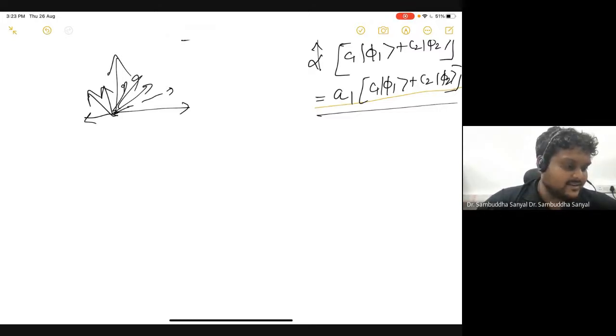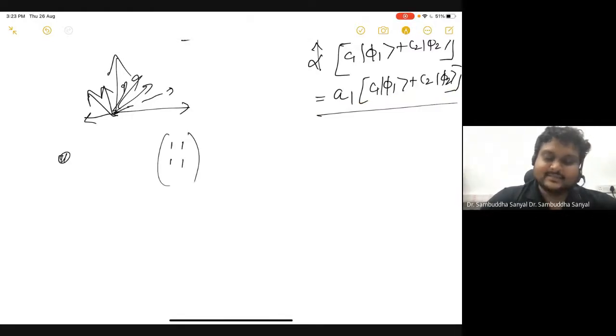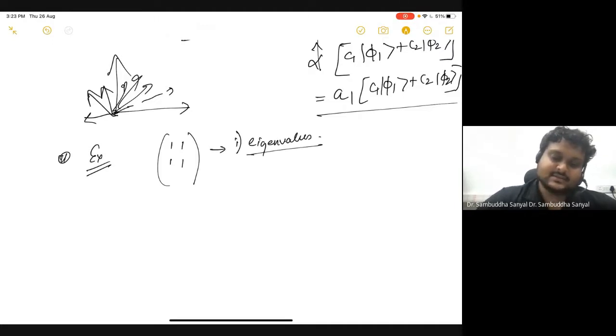Okay, so I have one example in mind. Try this example. Take this matrix, 1, 1, 1, 1, a very trivial matrix. This is a Hermitian matrix, of course. So this is an exercise. Calculate the eigenvalues, first task.